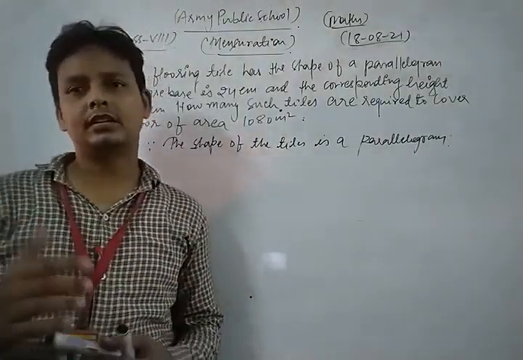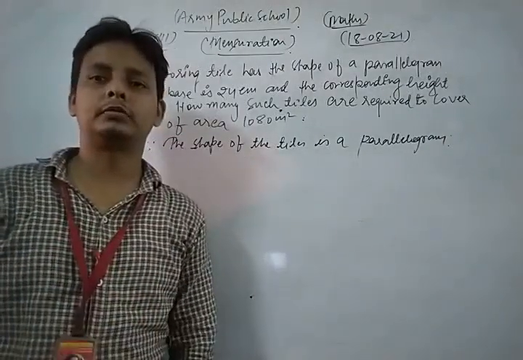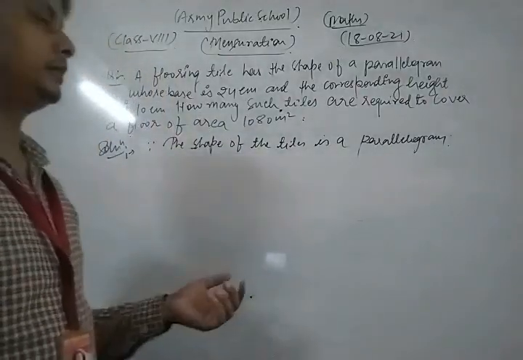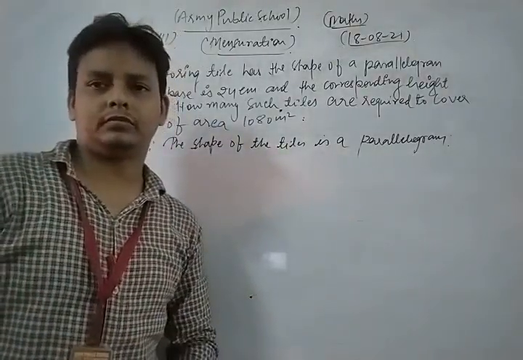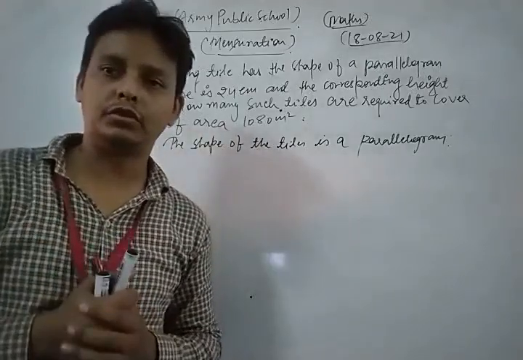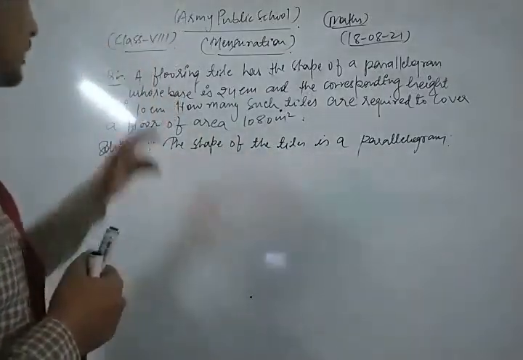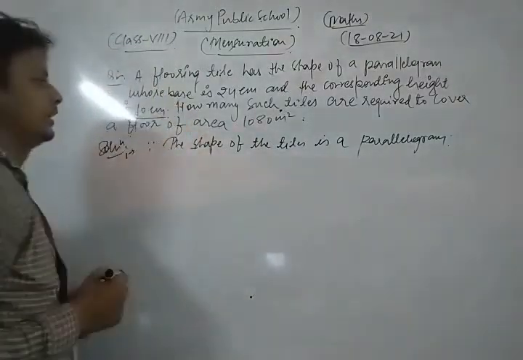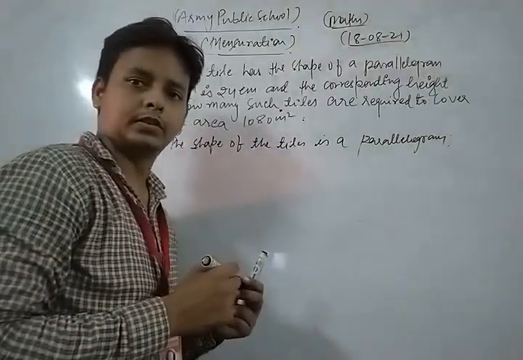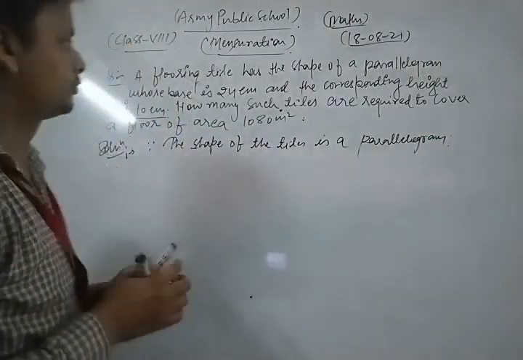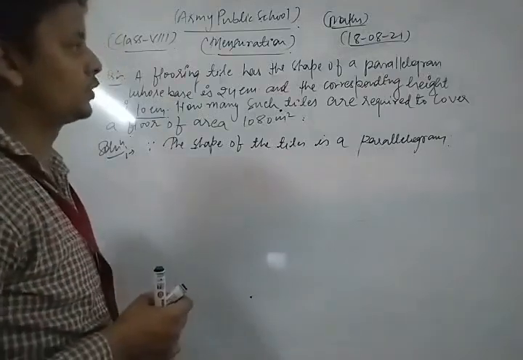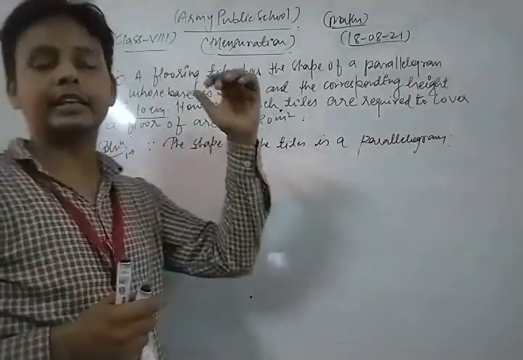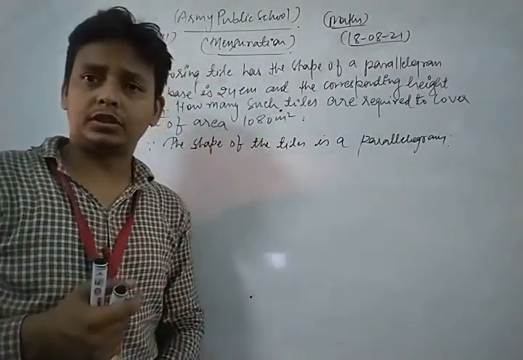This is the tile. Its height is 10 centimeter and base is 24. This is 10 centimeter. Now, how many such tiles are required to cover a floor of this area? Means we find the number of tiles. So what is the process to solve that question?